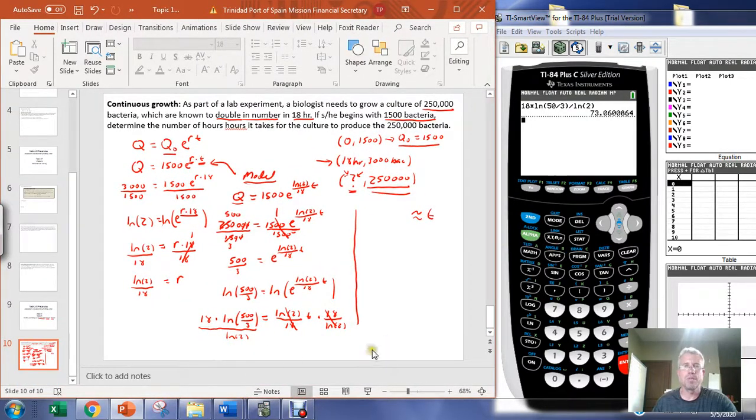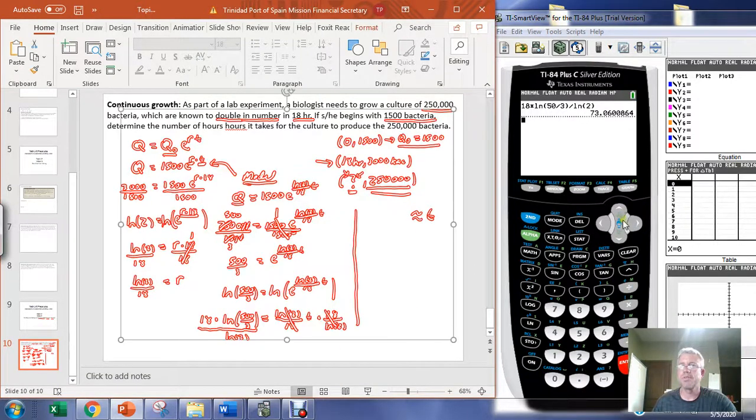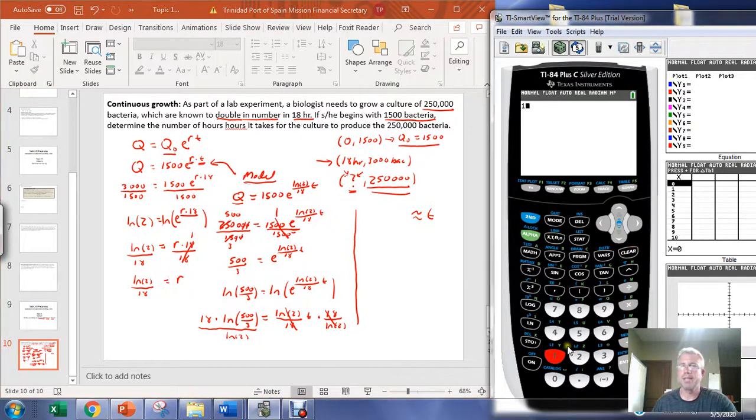So we need to input into the calculator 18 times the natural log of 500 divided by 3. Close that parentheses.